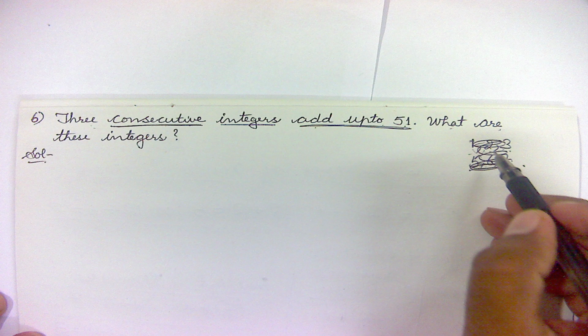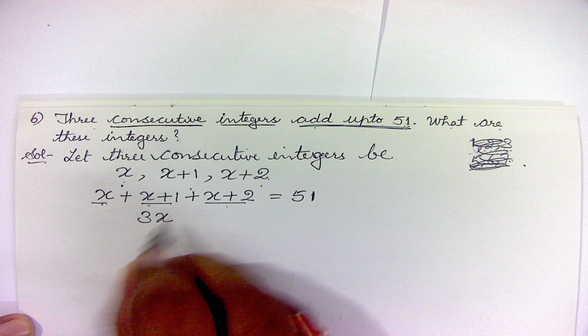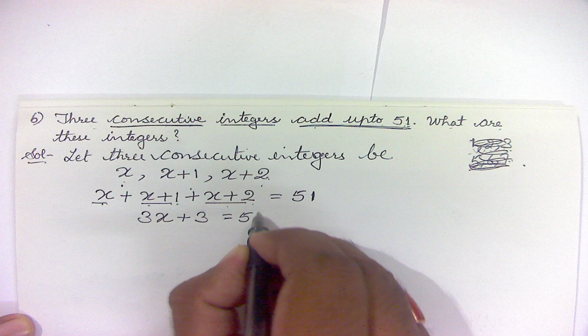So these will be the three, x, x plus 1 and x plus 2. These are the three integers, and the sum of these three is equal to 51. So adding all these three, x plus x plus 1 plus x plus 2, the sum is equal to 51. Now x plus x plus x gives you 3x, 1 plus 2 also gives you 3, equals 51.